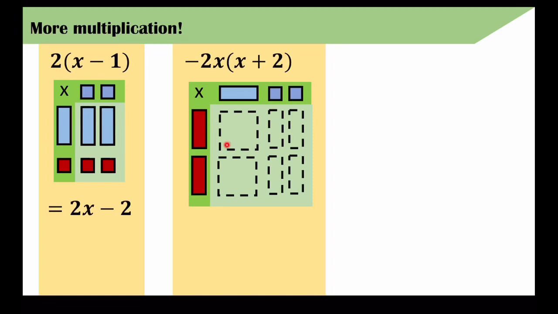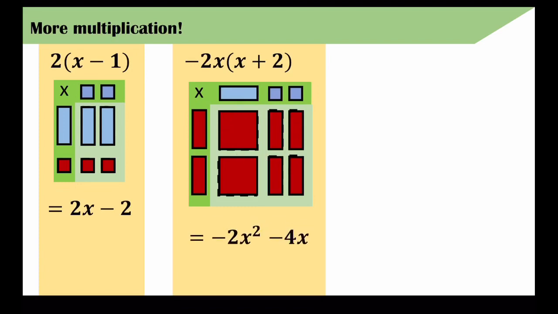And then my x length right here times my 1 length gives me a rectangle. We can fill those in. Now they're all red because negative times a positive is going to give me a negative. So we have negative 2x squared minus 4x.